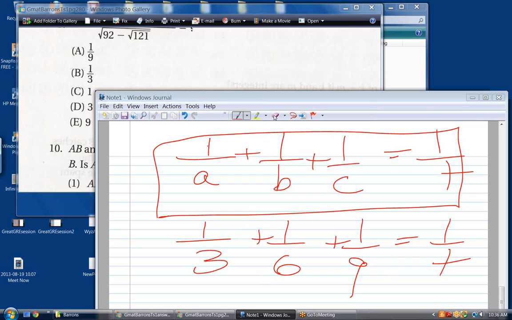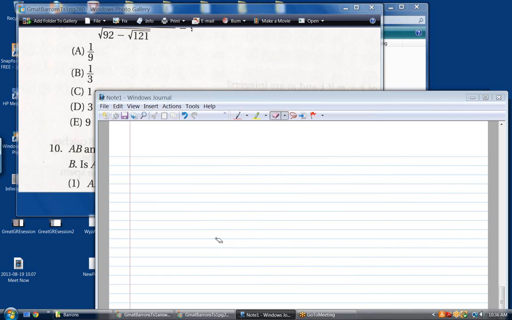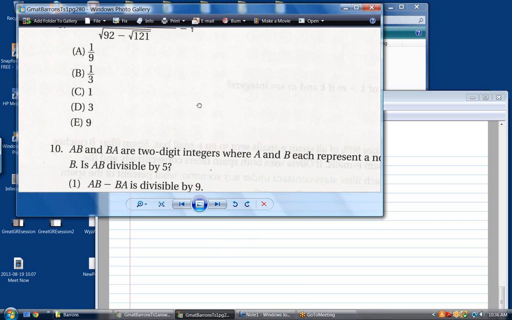You do use this. It's just conceptually, rather than applying a formula, I've always felt that it made a lot more sense to use the other logic.